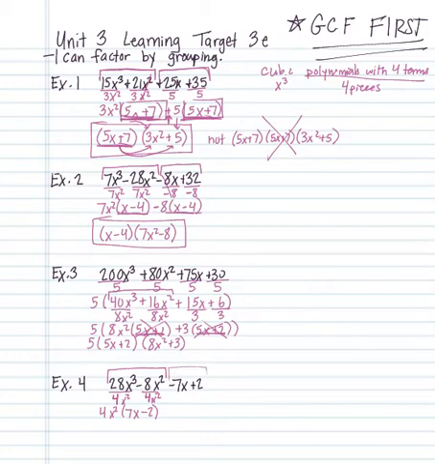Then looking at our next piece, it's not real obvious that you can take anything out. We need it to match that 7x minus 2. The issue is our signs are wrong right now. We've got negative 7x and a plus 2. So we need to take out a negative 1.